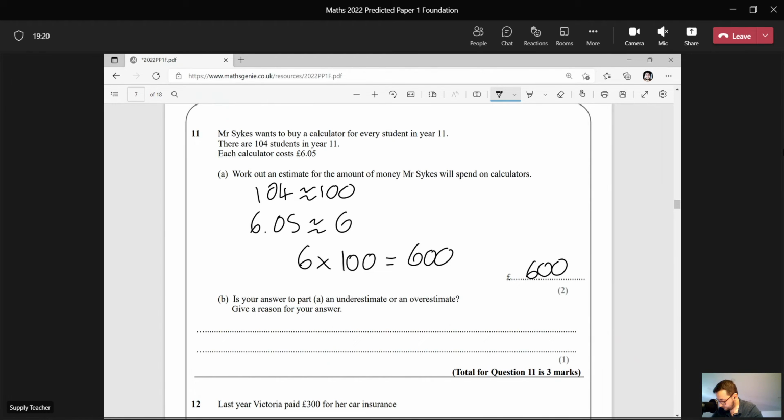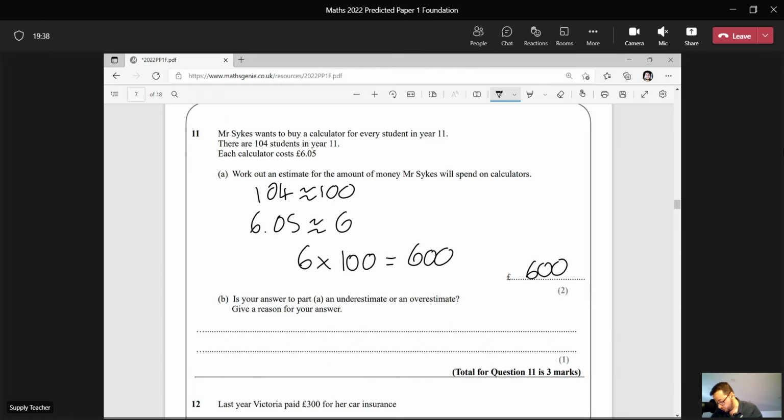Okay. Part B says, is your answer to part A an underestimate or an overestimate? Well, if you look at the roundings, for both of them I've rounded down, haven't I? So I've rounded down the number of students to 100, and I've rounded down the money from £6.05 to just £6.